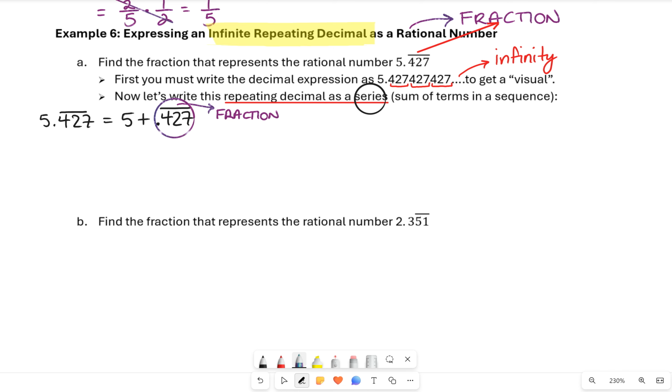And then once I know how to rewrite 0.427 as a fraction, I'll go back and add it to 5, okay? So let's rewrite.